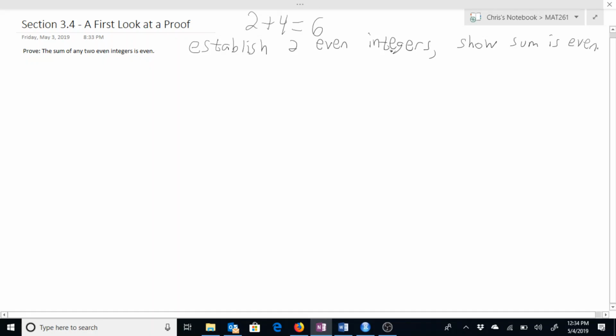And to accomplish this, we need to use a variety of definitions and whatnot. But first, let's define two integers, shall we?